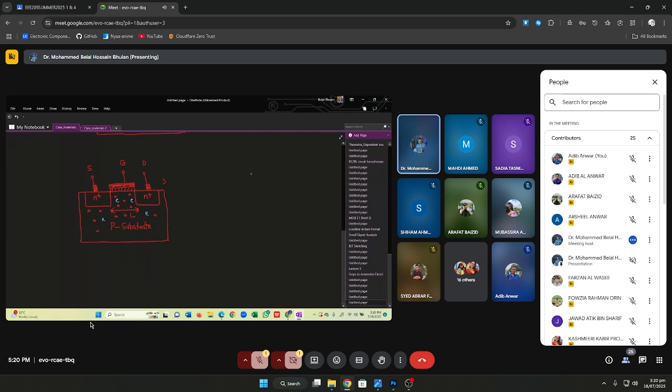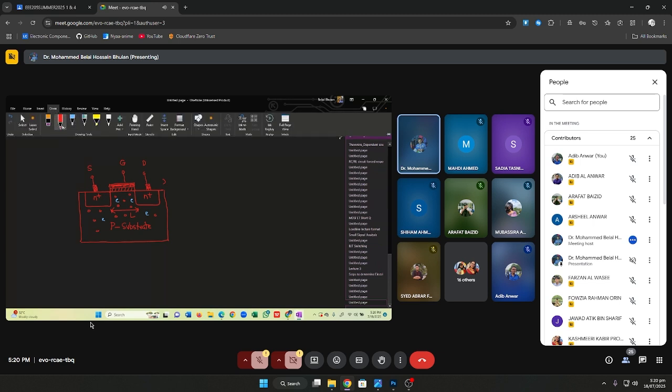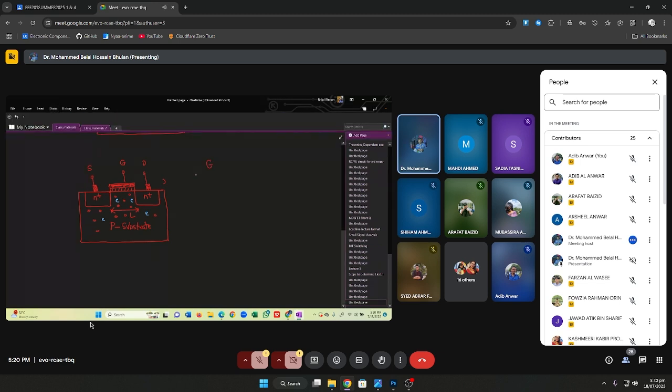First of all, we don't apply any gate voltage, so the gate terminal has no voltage. We connect the source terminal to the ground, and then we apply a positive voltage at the drain terminal. Let's call it VD.